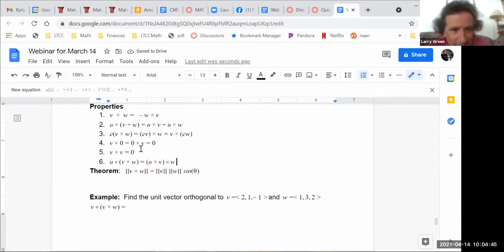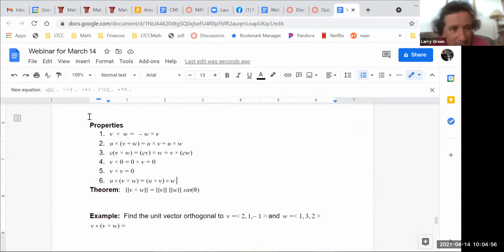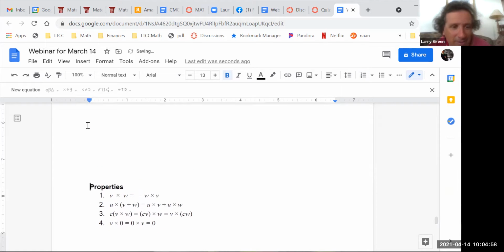The idea is that U dot V cross W is U cross V dot W, so I can use that property.